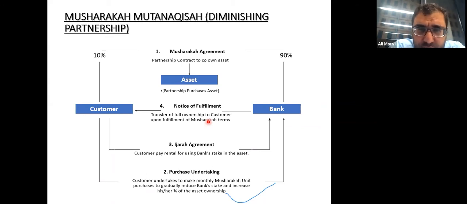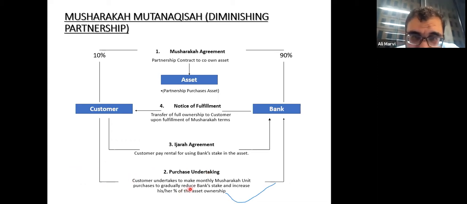And in the second, this agreement is between customer and bank. For example, customer 10%, bank 90%. Then the purchase undertaking, and the customer undertakes to make monthly musharika unit purchases to gradually reduce the bank's stake and increase his or her share of the asset ownership.